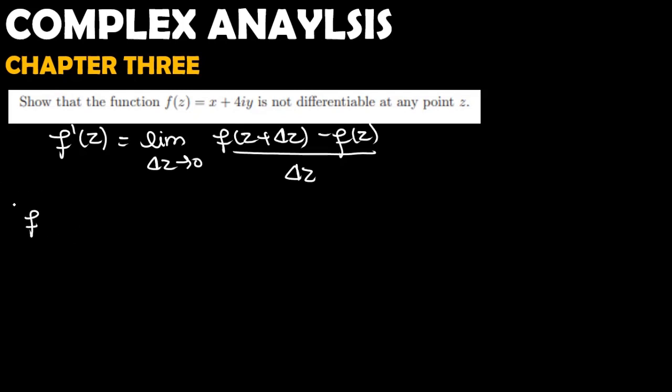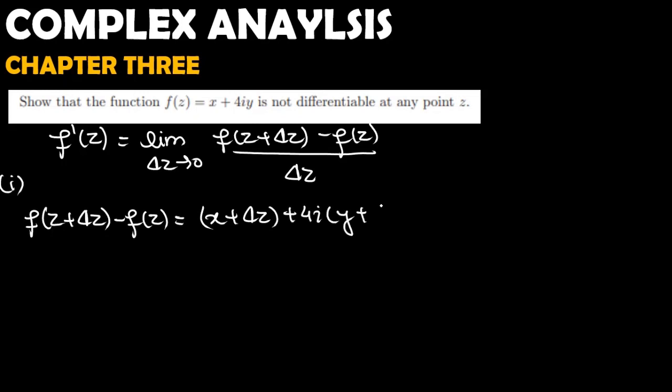Now, step 1: f(z + delta z) - f(z) will be written, in place of this, as x + delta x, 4i is constant, taken out, and y + delta y, minus x minus 4iy.